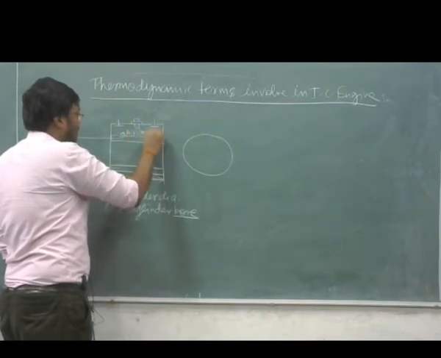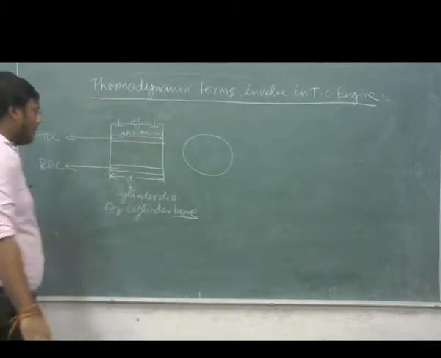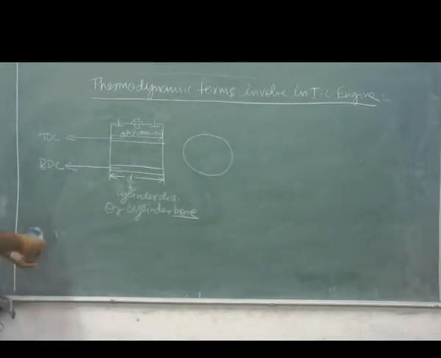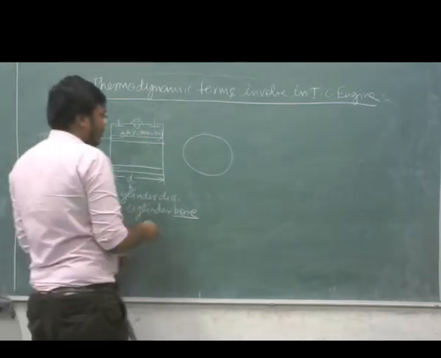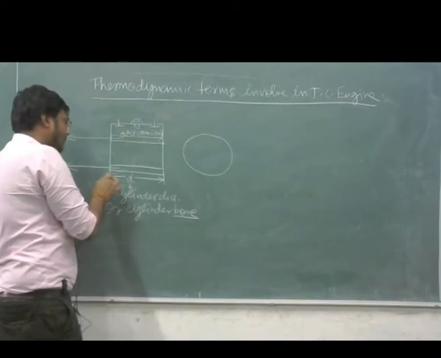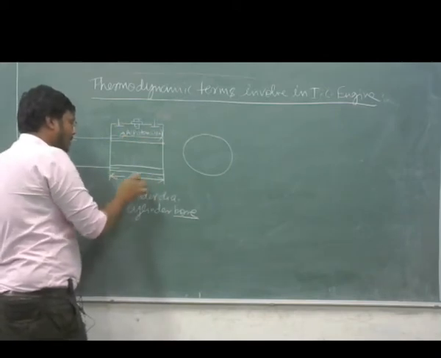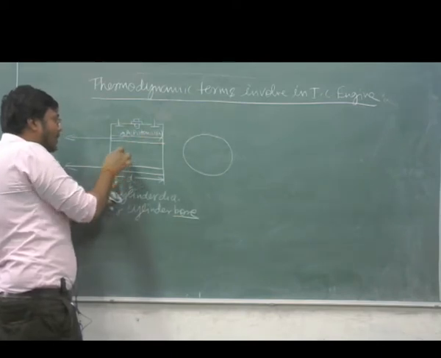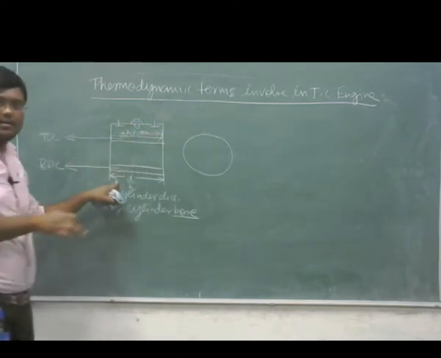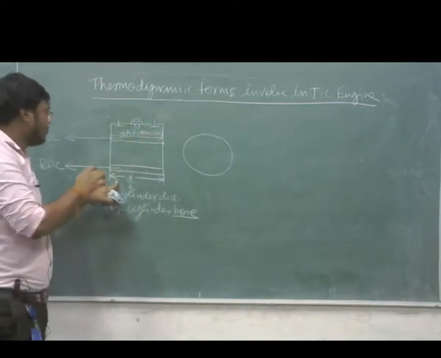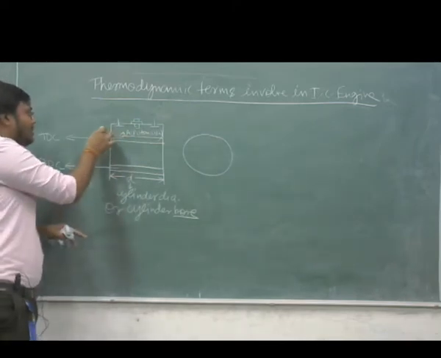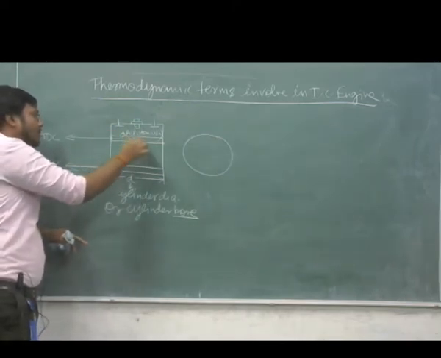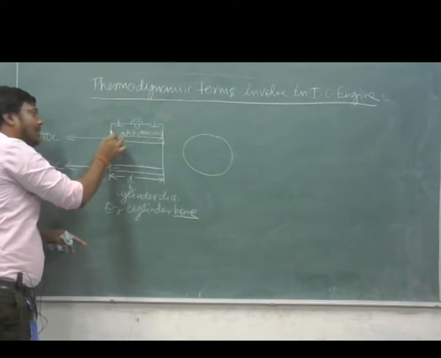From the diagram, the diameter of the cylinder is d, so the diameter of the piston should be equal to it, because there is no clearance, no space between cylinder and piston.